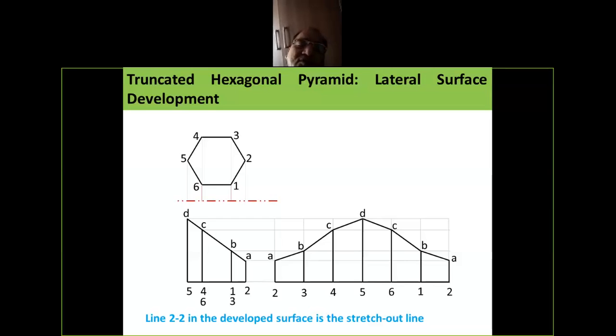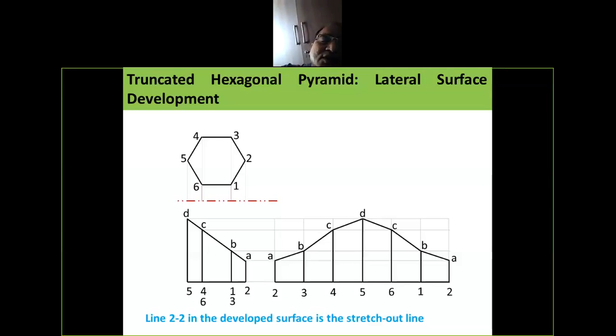You can draw by the help of the general method. In that case, we have drawn a hexagon of the same side, with sides 1, 2, 3, 4, 5, 6. Now we can draw its side view of the pyramid.